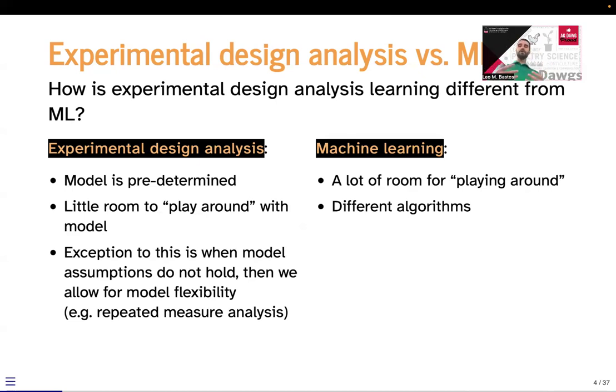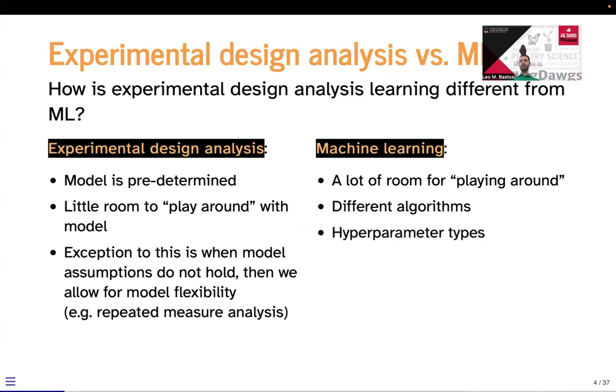So there's a lot of different algorithms we can try. If you think about it, the algorithm is almost like the formula that you had for a CRD or RCBD, right? Here you can play with all these options, whereas with experimental design, you had a predetermined model to start with.